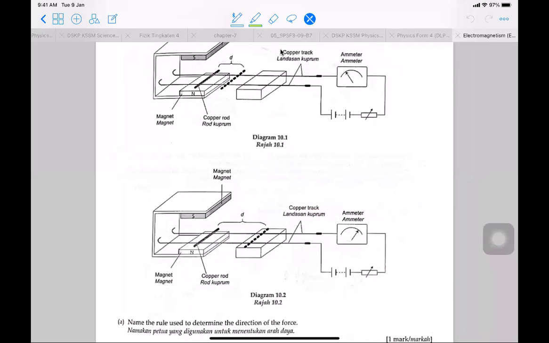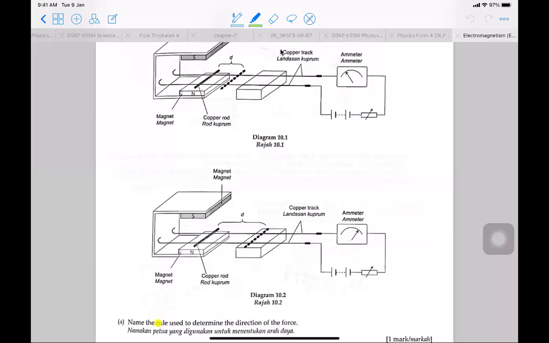What rule? We will be using what rule? No answer?